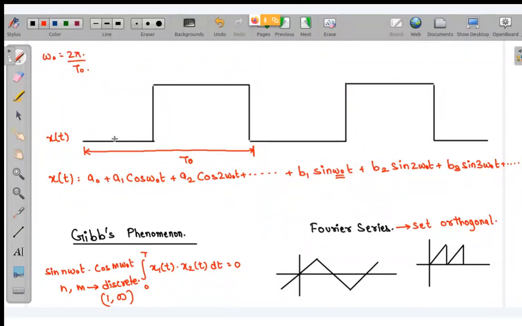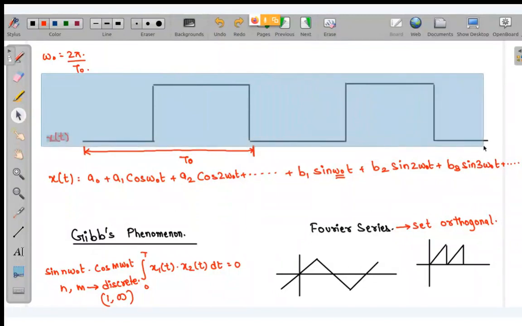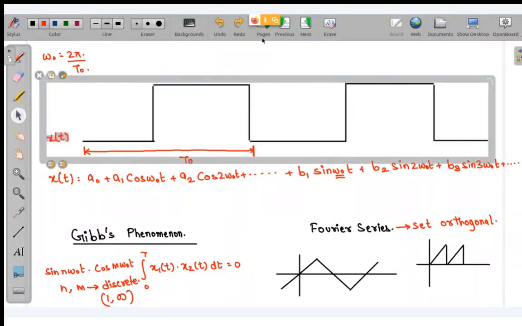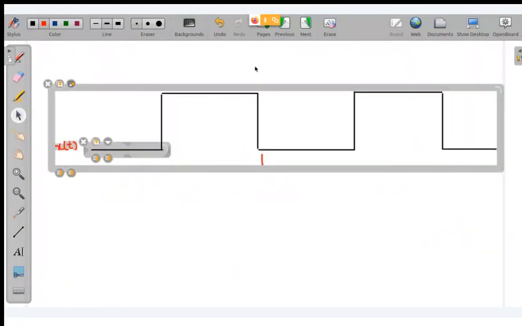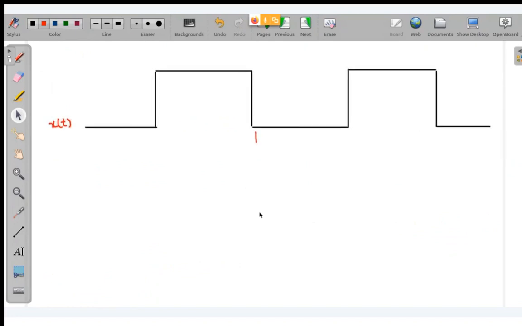You can construct the square wave using a combination of sinusoids. One of the sinusoids will look like this. Drawing this without the help of MATLAB is a little bit difficult, but still I will try.